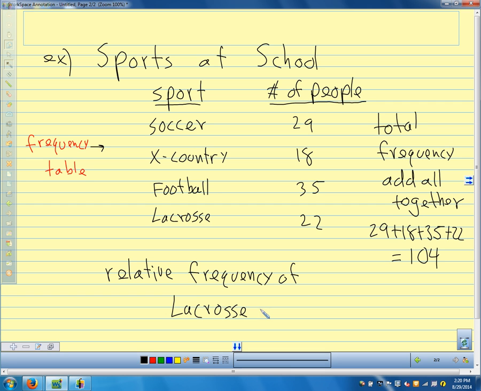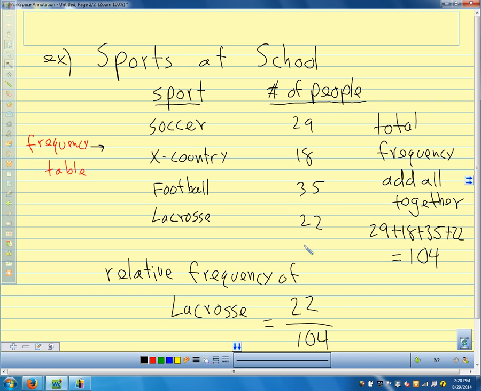Favorable is the thing that we're interested in. 22. It's that easy. Pick that number out. 22 over the total. 22 over 104. There's our relative frequency. That's the probability that someone at this school plays lacrosse.